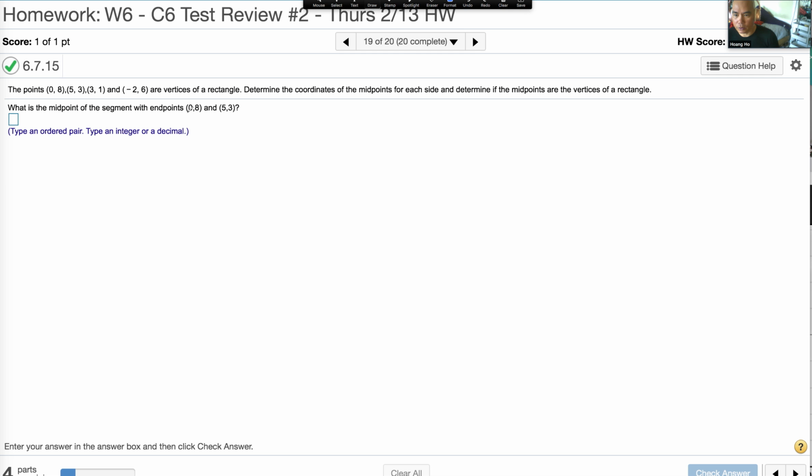Here they give you 2 points. If you want to find the midpoint, this is x1, y1, x2, y2. The x part of your midpoint, you add the 2 x's together and divide by 2.